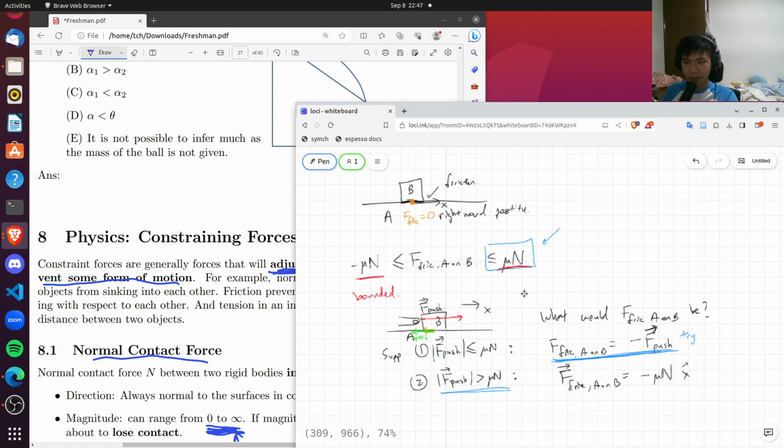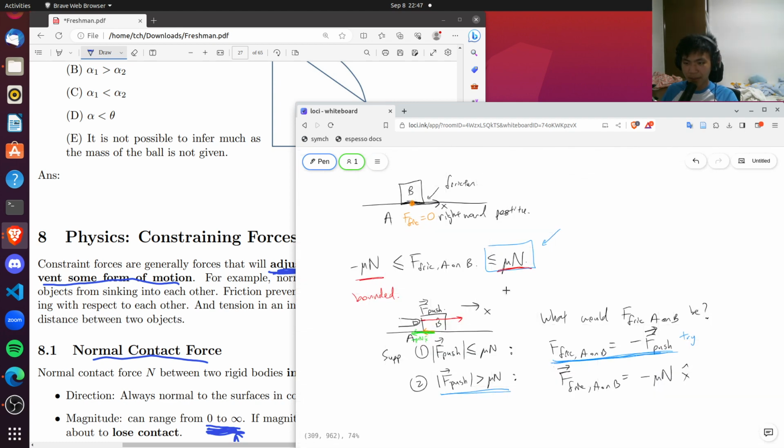Okay, so I wanted to emphasize this idea that whenever somebody asks you what is the value of friction, the first thing you should say is certainly not mu n. The first thing you should say is what are the current forces acting on it. Then from there you calculate the current net force acting on it, and you let friction adjust accordingly to make sure that the sliding motion is prevented.